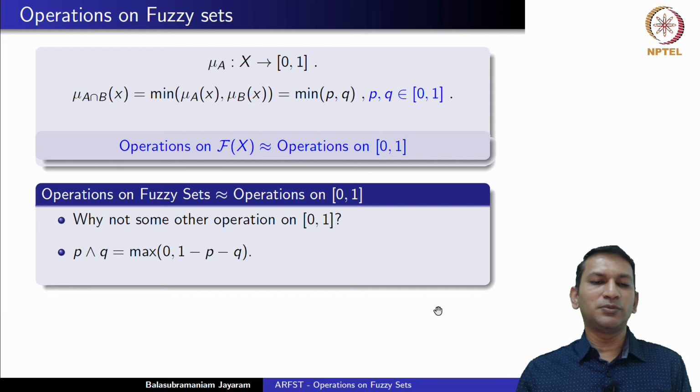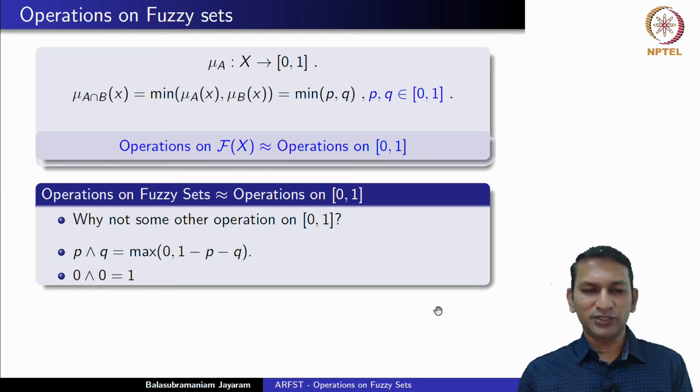So let's assume that P and Q are 0 and evaluate it. When you substitute here, what we get is max of 0, 1 minus 0 minus 0, which is 1, which is essentially contradicting the idea of conjunction.